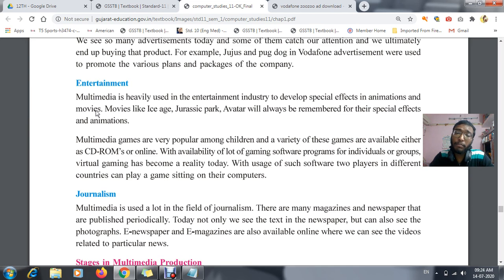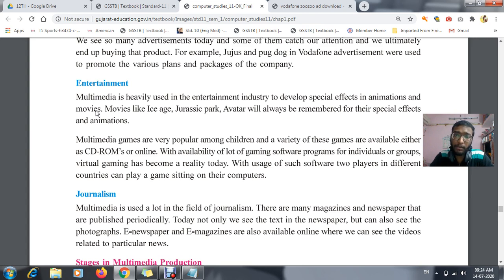That is the best example of using graphic designing. VFX, that is visual effects. And another best example is your Iron Man movies. You have seen the skull, and Iron Man is flying in the sky. Do you think a person can really fly in the sky? Not possible.